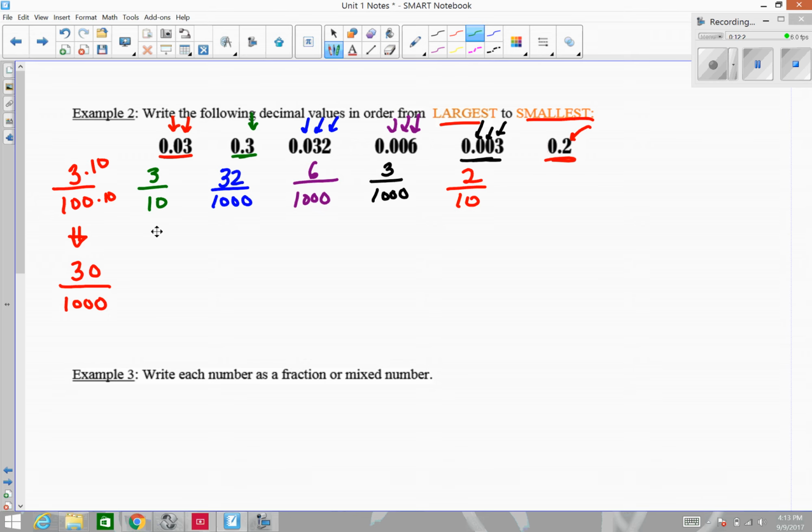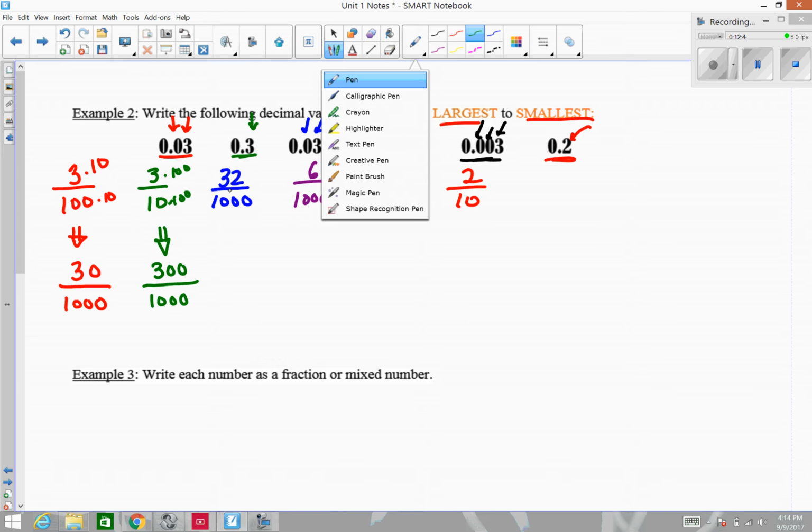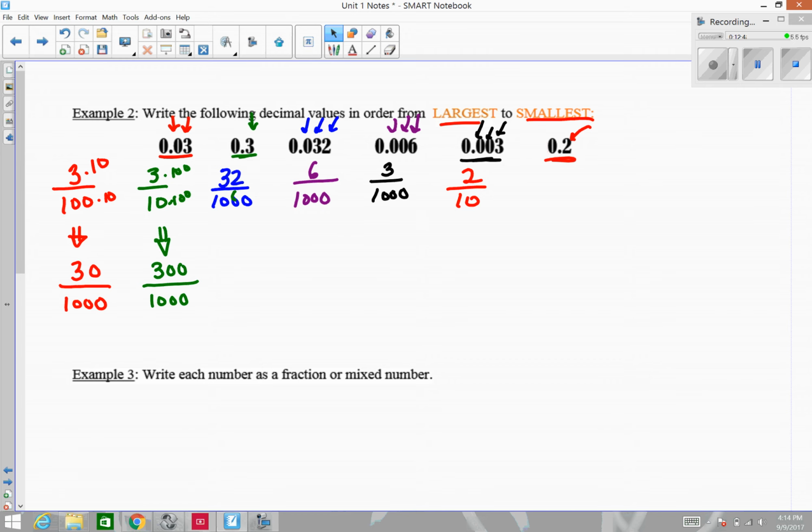3 over 10 is not in thousandths, and to get it there I would need to multiply the denominator by 100, and so do the same to the numerator, and this becomes 300 over 1,000. Our 32 thousandths is already in thousandths, so I think we can just move it down.